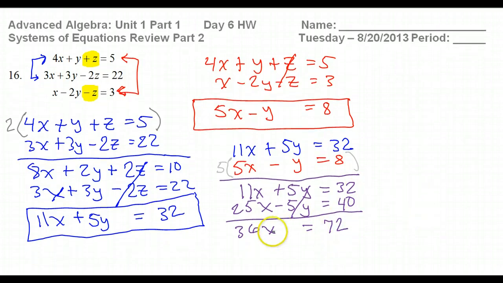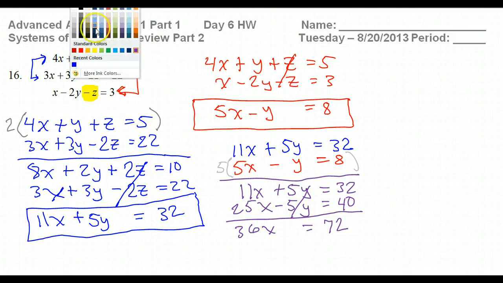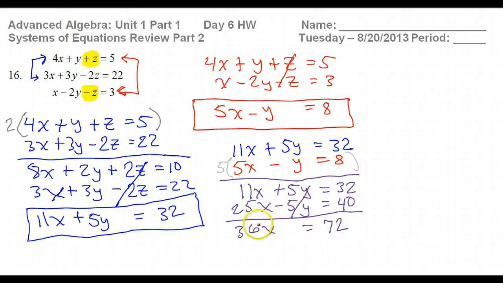All right, of course, now I'm going to divide by 36 to get x by itself. So if I divide by 36 on both sides, then that's going to give me x equals 2.